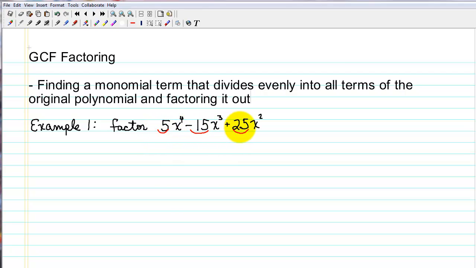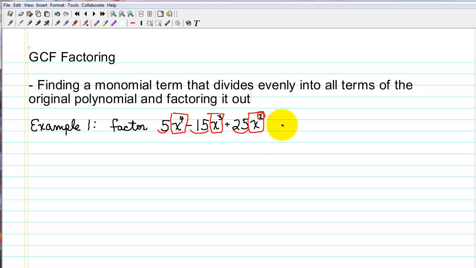They're all divisible by 5. And then secondly, we have to look at our variable terms. And if all parts of the original polynomial have a variable term, we're going to factor out, and based on the way our exponent rules work, we will always be factoring out the version of the variable with the smallest exponent.